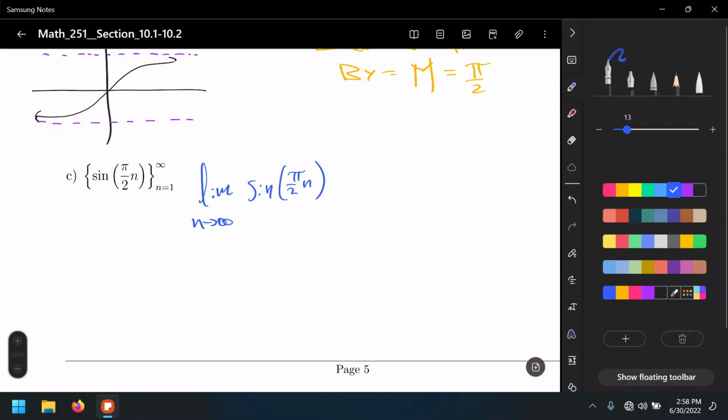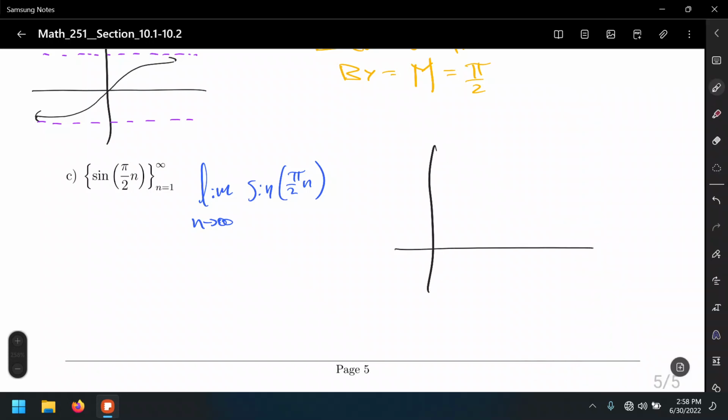Let's look at the graph of this. At n equals 1, that's sine of pi over 2. What's sine of pi over 2? 1. For n equals 2, that means sine of 2 pi over 2, which is sine of pi. What's sine of pi? 0.